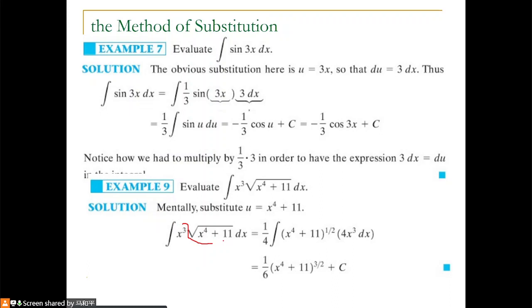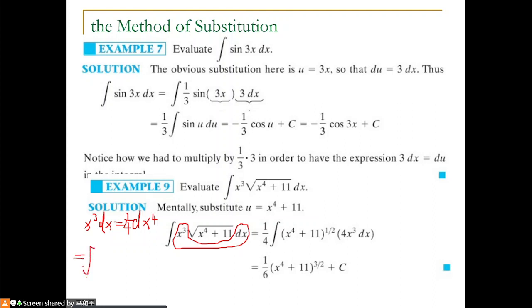You can directly think of x cubed dx as d of x to the power 4, divided by 4. This is another method.